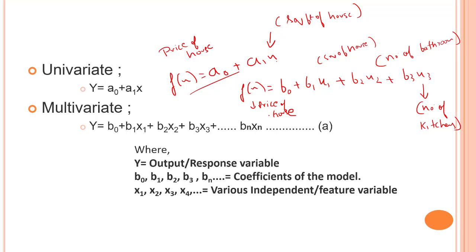So as you can see, this is just the extension of univariate. Univariate linear regression is extended to multivariate linear regression, where x1, x2, x3, all of these are the independent variables, all the predictors, and b0, b1, b2 are the coefficients of the model, and y is the response variable or the target variable.